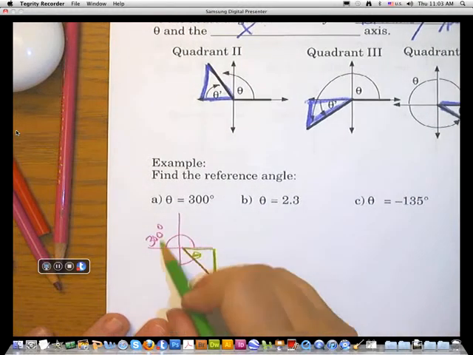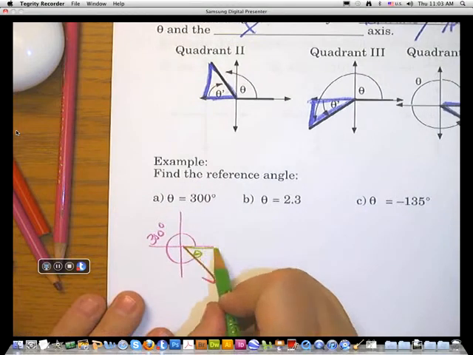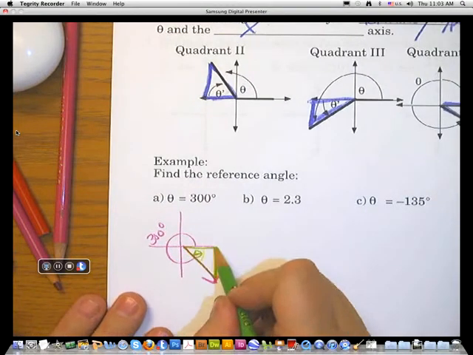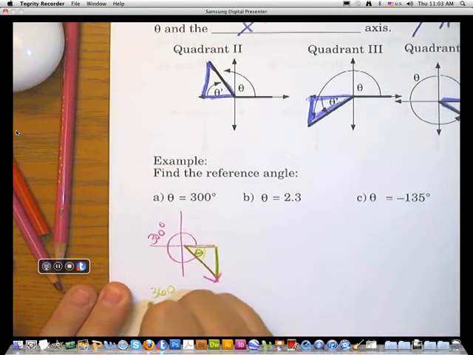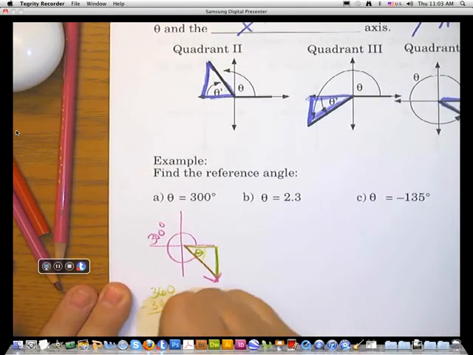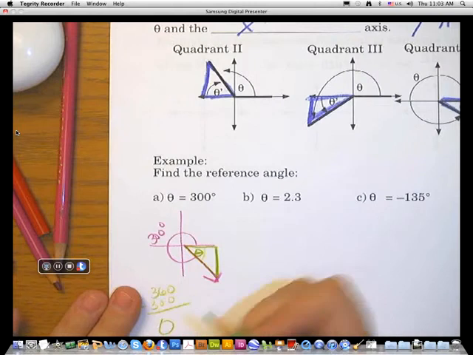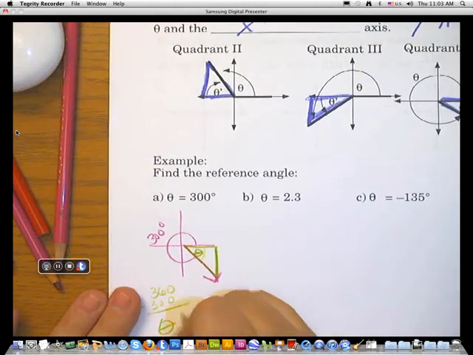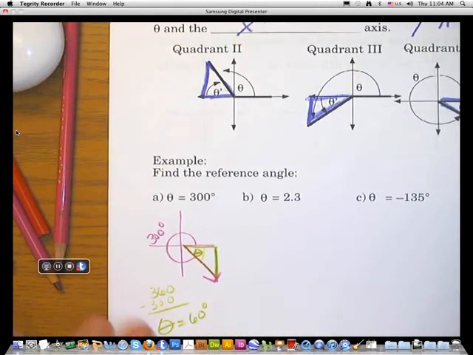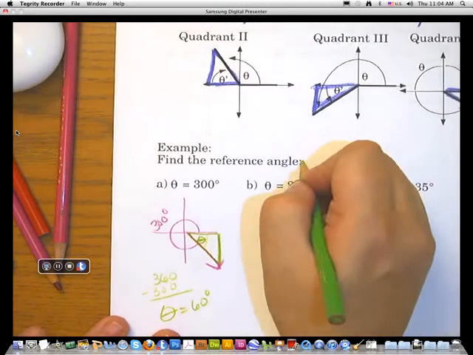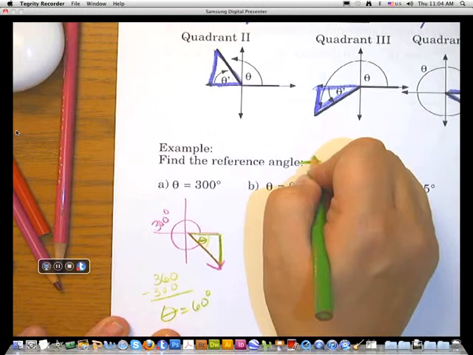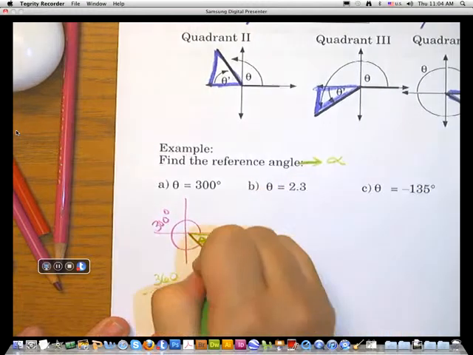Well, if I know this is 300 of it, and this little piece would complete my circle, it would be 360 minus 300. My reference angle is going to be 60 degrees. And I'm going to call reference angle alpha.